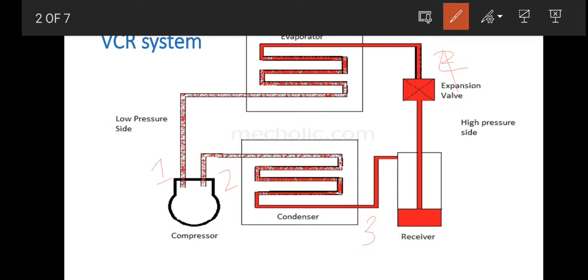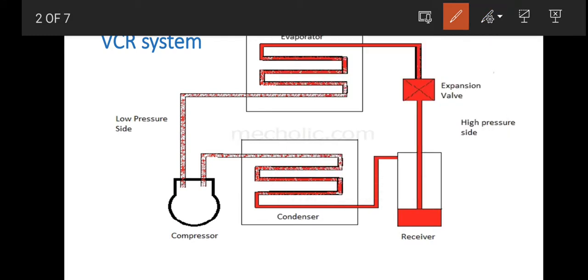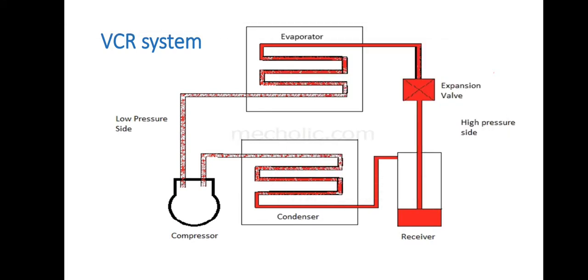This is the vapor compression refrigeration system. These systems are used only for low load, that means up to 100 tons of refrigeration, small size refrigeration purposes.